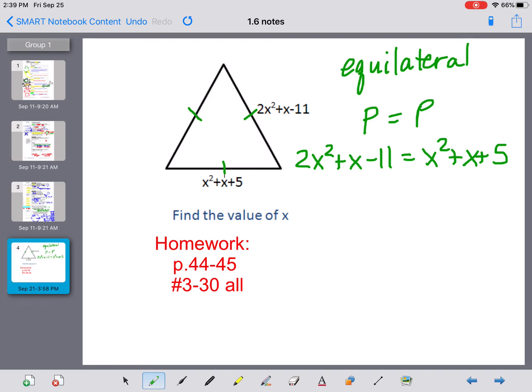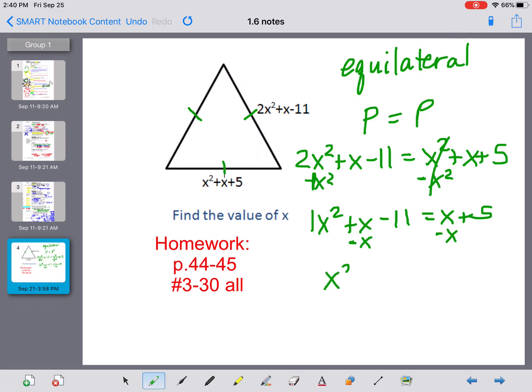So I'm going to move my x squareds together. This one's smaller, so I'm going to subtract x squared. 2x squared minus that invisible 1 on that x squared leaves me with 1x squared plus x minus 11 equals x plus 5. These two canceled. Now to get those x's together, I'm going to subtract x.